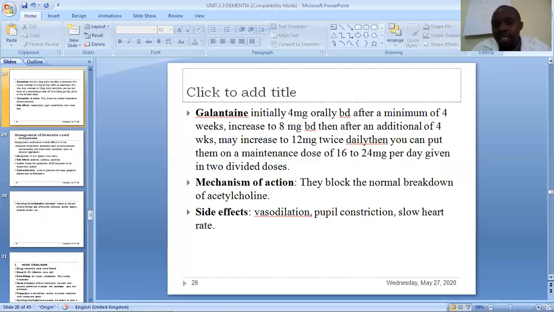Mechanism of action of galantamine: it blocks the normal breakdown of acetylcholine. Side effects, to mention but a few, you have vasodilatation, pupil constriction, slow heart rate.